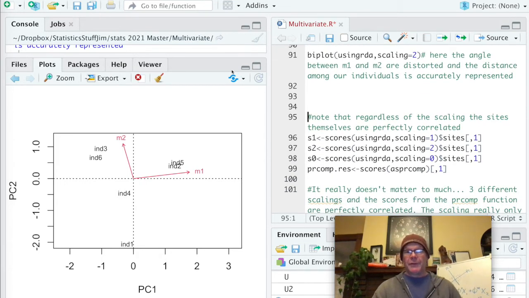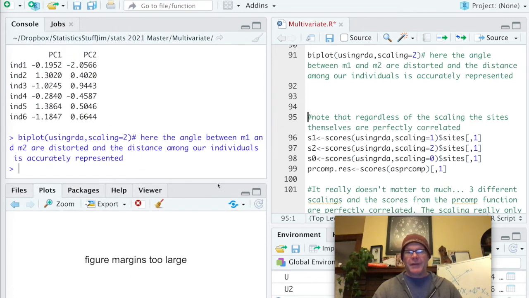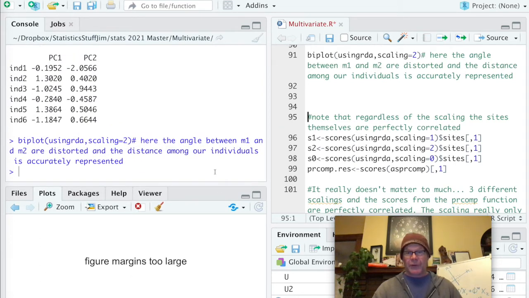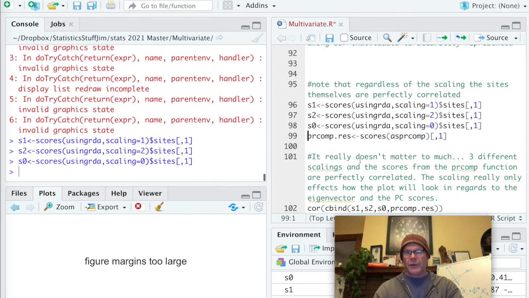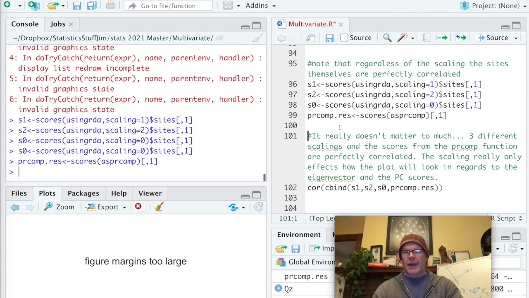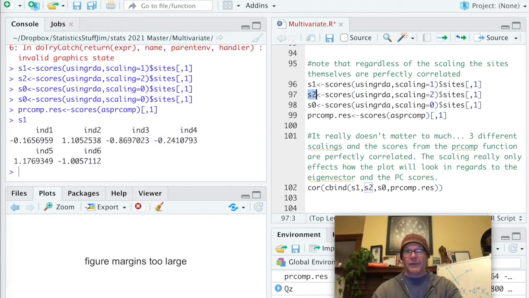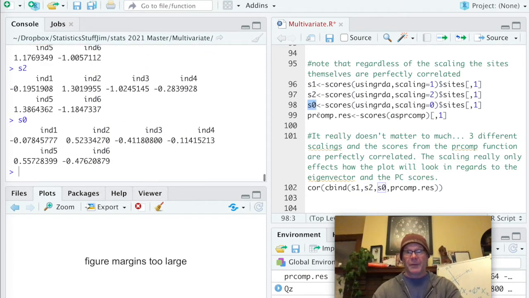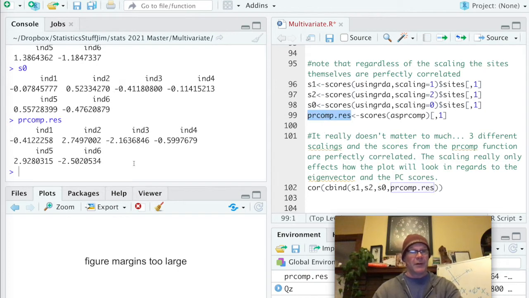And just to prove to you that it's nothing you need to get too terribly concerned about, if we look at the scores, here I'm extracting the scores using scaling 1, scaling 2, scaling 0, and then I'm also going to extract the scores when we use the prcomp function. So now I have all of these different scores, and they're all different, but they're all supposed to be telling us the same thing, right? But they're all clearly different from one another.